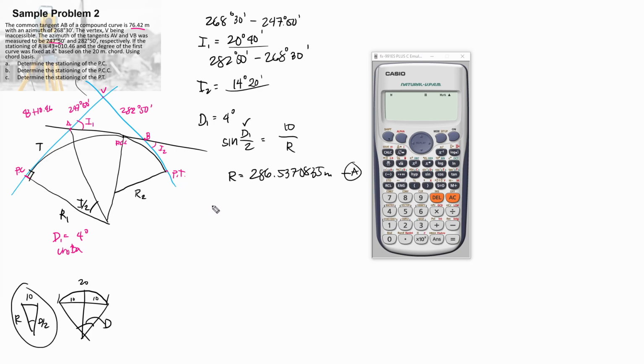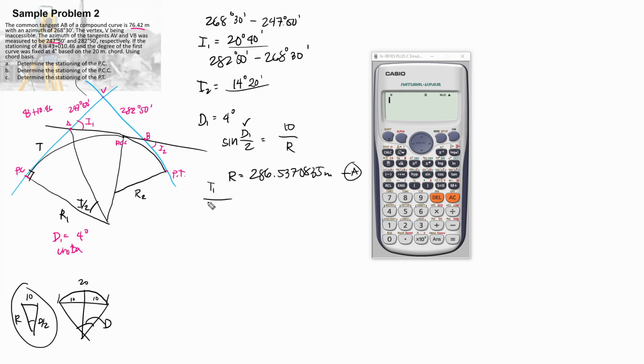So, again, kuhain natin yung triangle na yun. So, we have radius 1, T1, and then included angle na I1 over 2. So, for that radius, opposite over hypotenuse, sine again. Mali pala yung triangle ko.